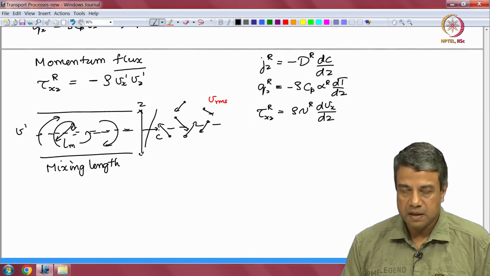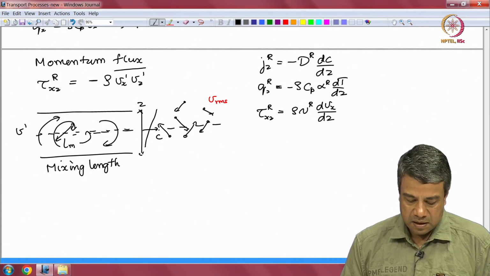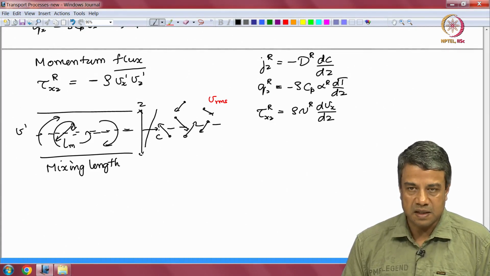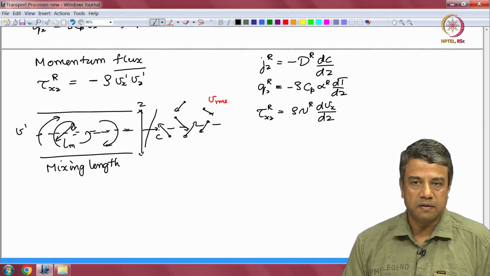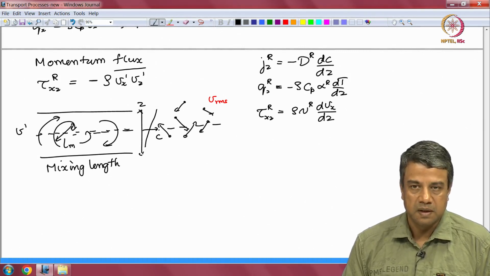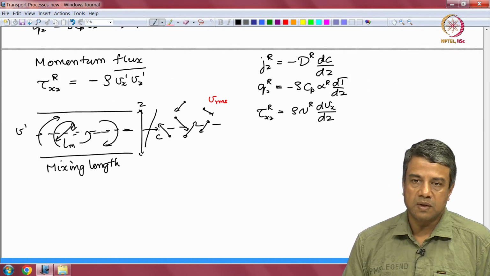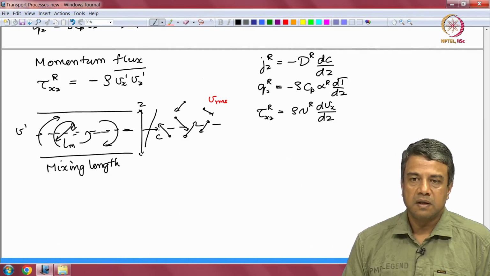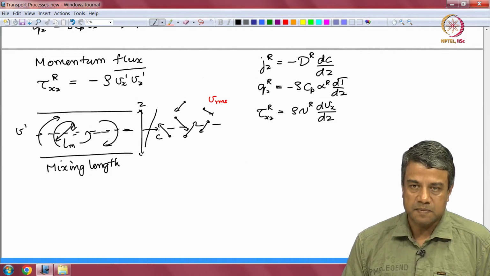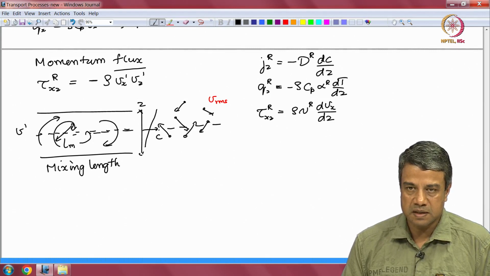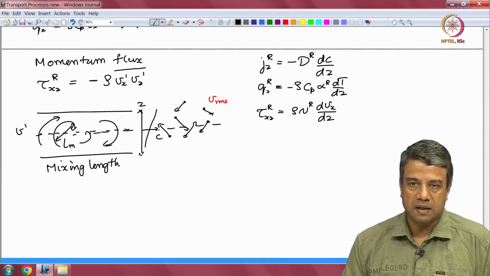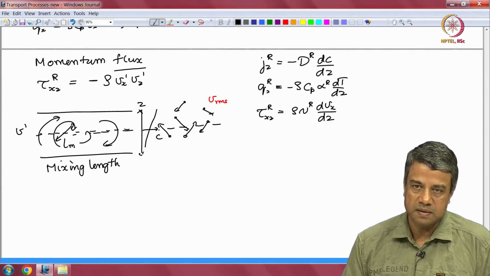In this case, the size of the largest eddies, the mixing length, in a turbulent flow in a pipe, for example, will be comparable to the diameter of the pipe, and therefore, you cannot mathematically expand in a ratio of the mixing length to the system size, because that ratio is order 1. You cannot neglect the second and higher order terms in the expansion.